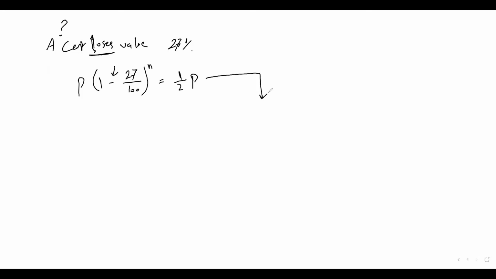However, for math students, they can multiply 0.73, or 73%, by itself until you approach half. So I don't know how many times we have to do that.